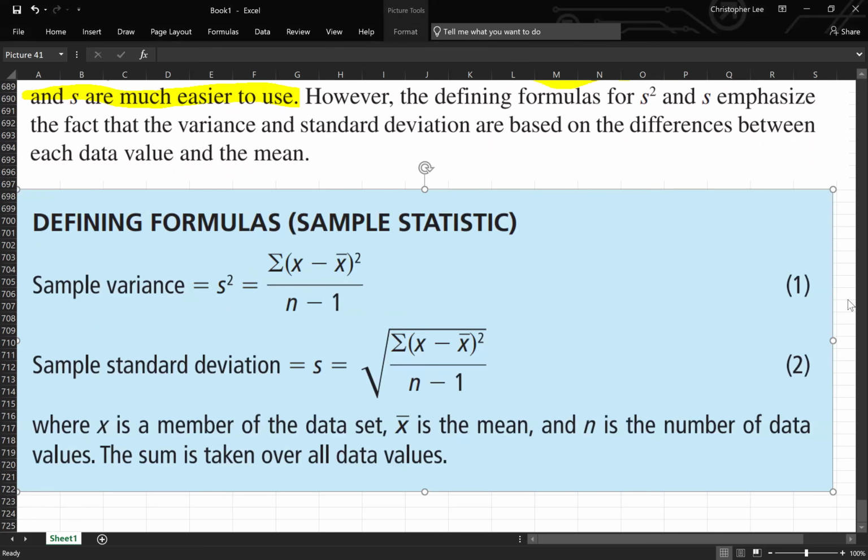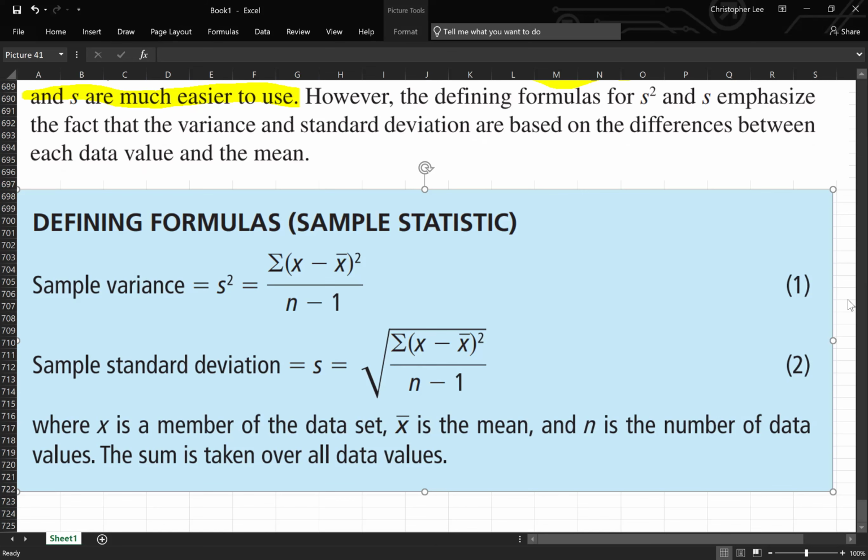For the defining formulas for sample statistics, the sample variance S squared is equal to the sum of x minus x bar squared divided by n minus 1, and the sample standard deviation S is equal to the square root of the sum of x minus x bar squared divided by n minus 1, where x is a member of the data set.